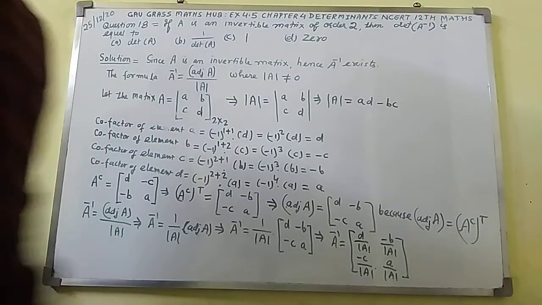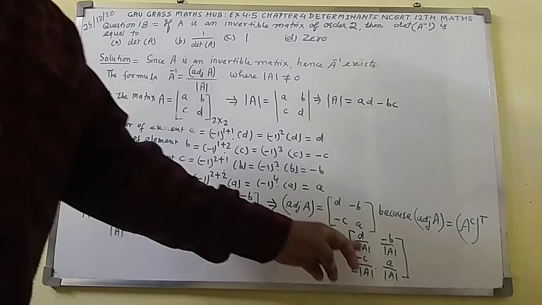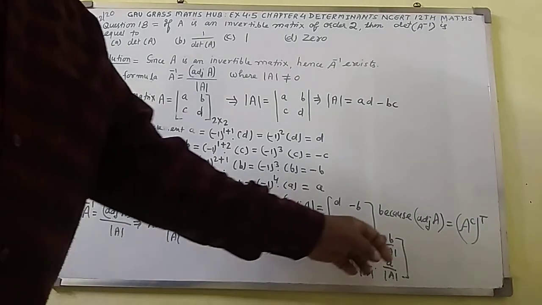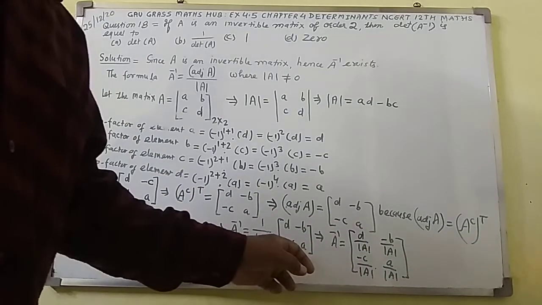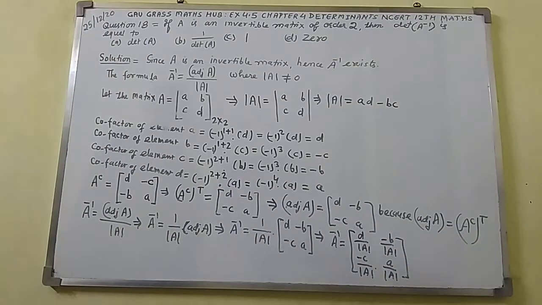A inverse equal to d over det A, minus b over det A, minus c over det A, a over det A. You have got here. So what to do next?